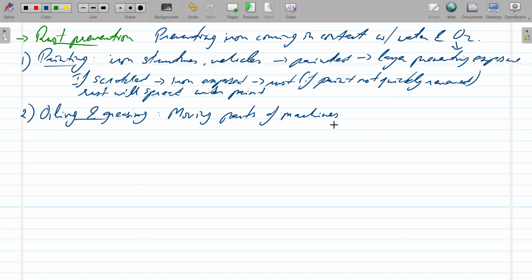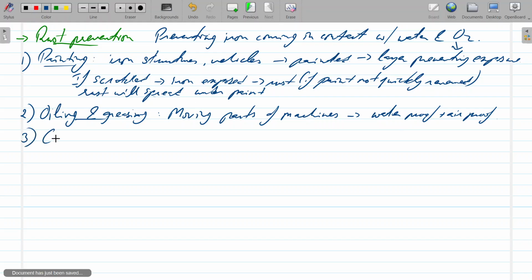They are oiled or greased, and that makes a waterproof and airproof layer, and so that prevents rusting. But because they're moving parts, it will get thinner and wear out over time, so you need to put more oil and grease after some time.